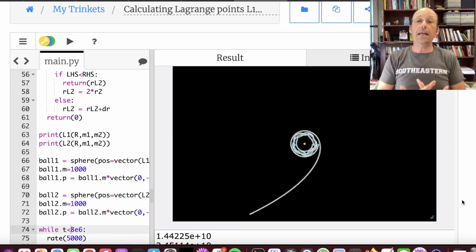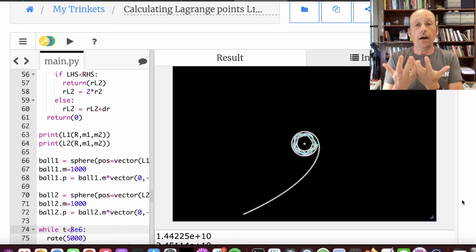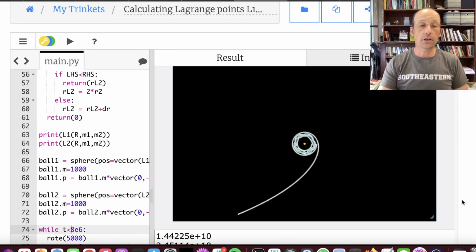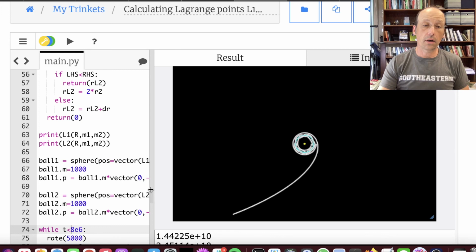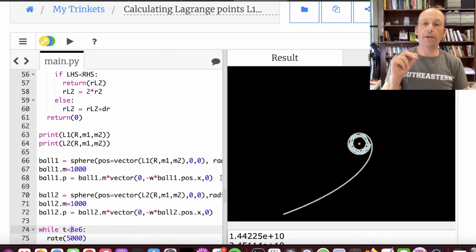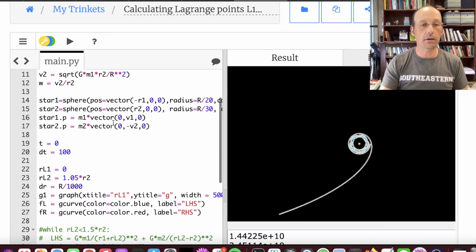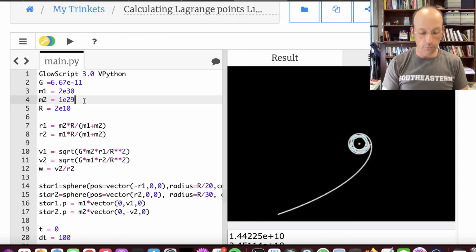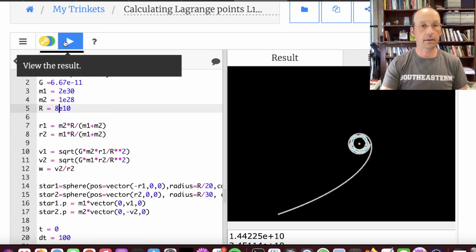So I think my next step is to make a better calculation to get a more refined value for those things. Let me just go up here. Let's make this more Earth-like. What if I make this even smaller, 10 to the 28th, and let's make this bigger, 8.